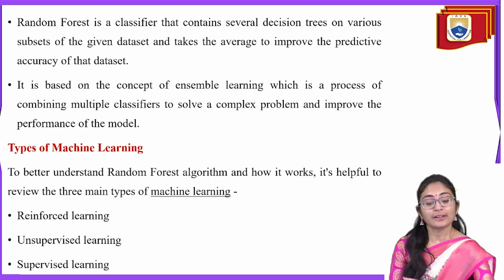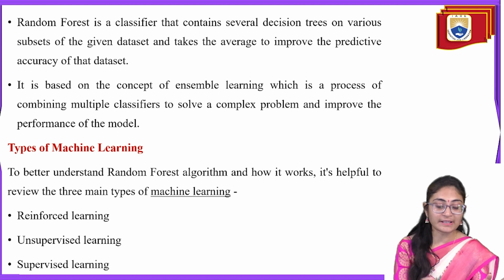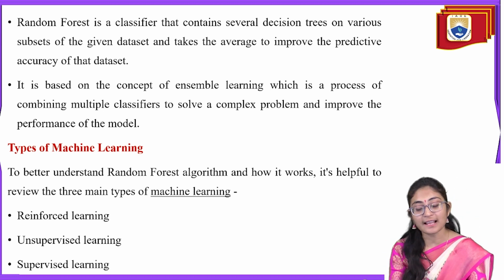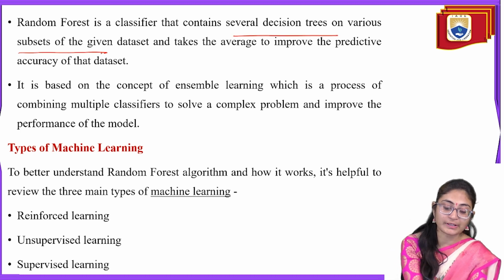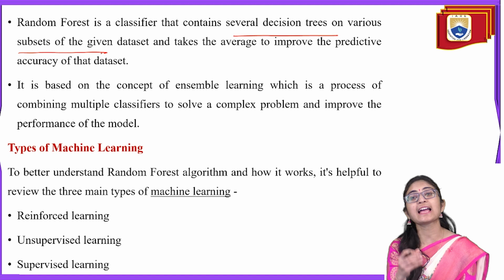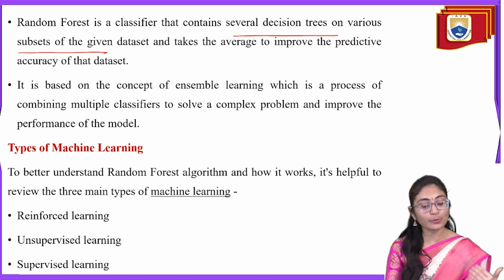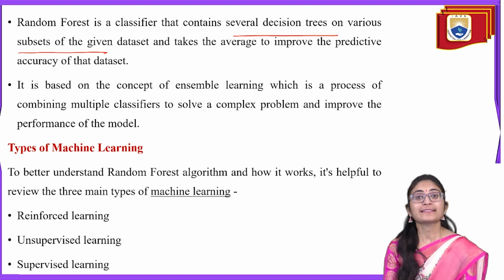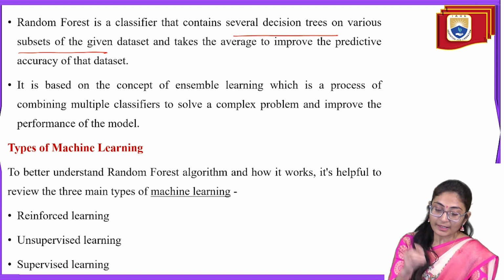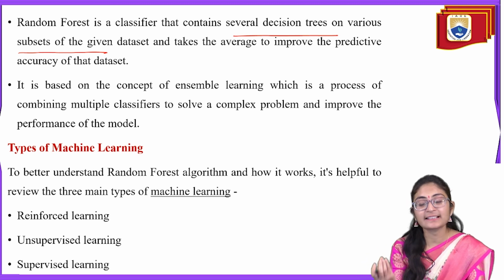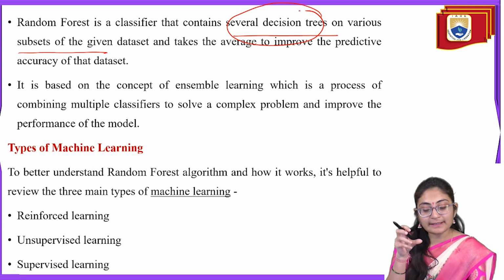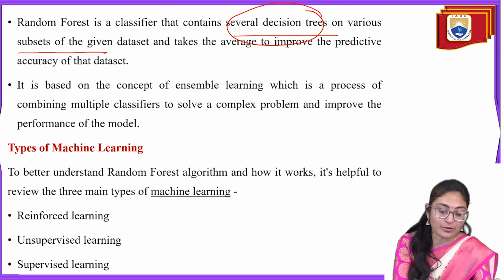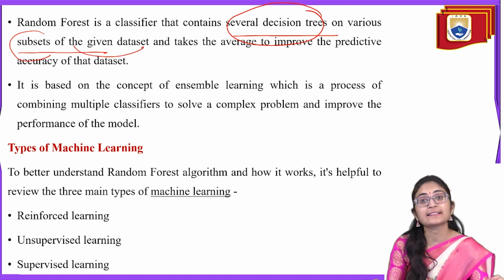On the basis of classification, we can say that random forest is a classifier that contains several decision trees on various subsets of the given dataset and takes the average to improve the predictive accuracy of that dataset. That classifier contains decision trees that depend on subsets of the given dataset.